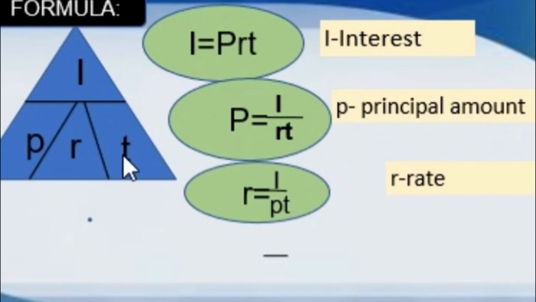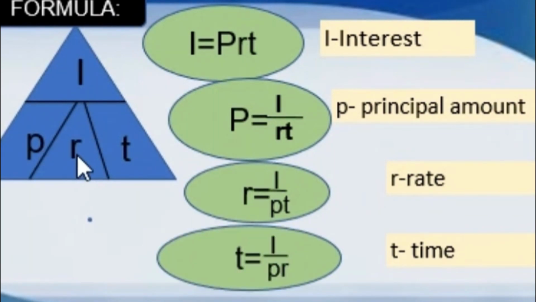So, yan yung formula ng ating rate or pag hinahanap natin yung rate. And the next is yung time. If the time ang unknown, so ang formula is time equals interest over principal times rate. Okay, pasensya na po.